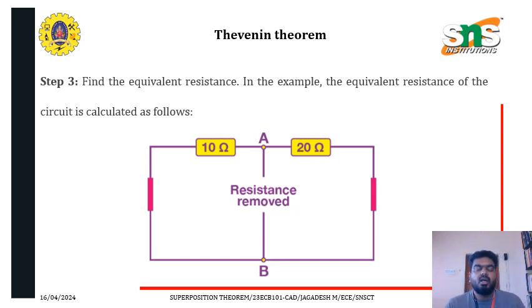We already discussed this in the previous videos. If R1 and R2 are in series, we add R1 plus R2 to find the equivalent resistance. If both resistances are in parallel, then we apply the formula R1 R2 by R1 plus R2. This is the method to find the equivalent resistance for the given circuit diagram.